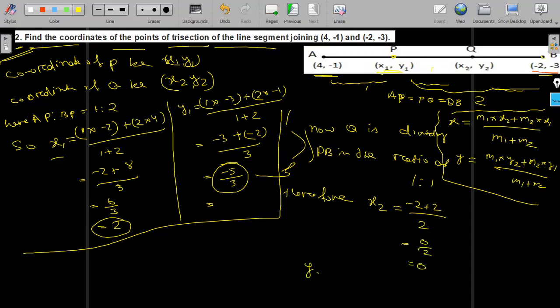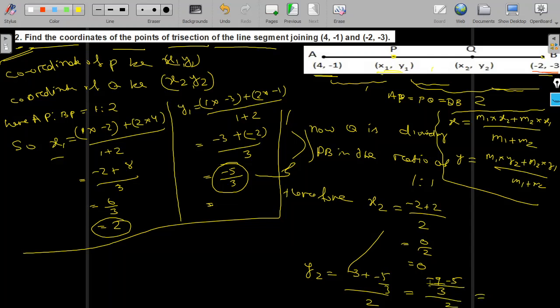Now y2 will be similarly minus 3 plus y1, which is minus 5 by 3, divided by 2. Minus 3 means minus 9 by 3, minus 5 by 3, divided by 2.